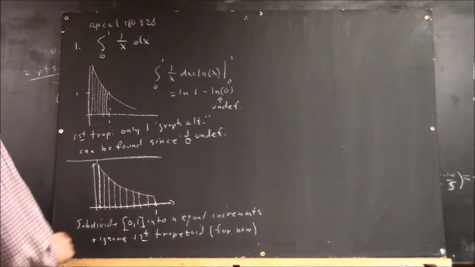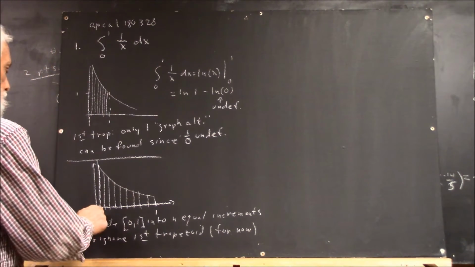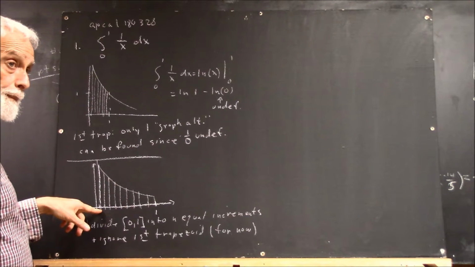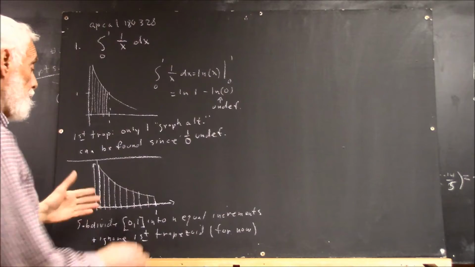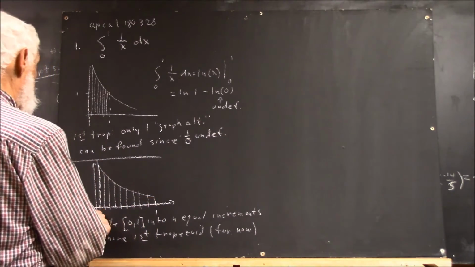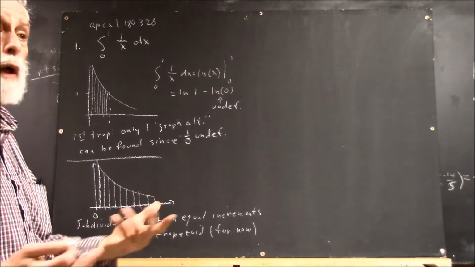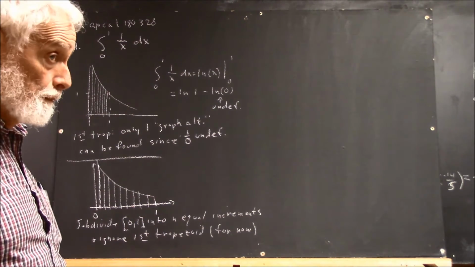Well, the x-coordinate here, of course, is 0. What's the x-coordinate at the first point? If we divide the interval from 0 to 1 into n increments, how wide is each interval? N. It's what?